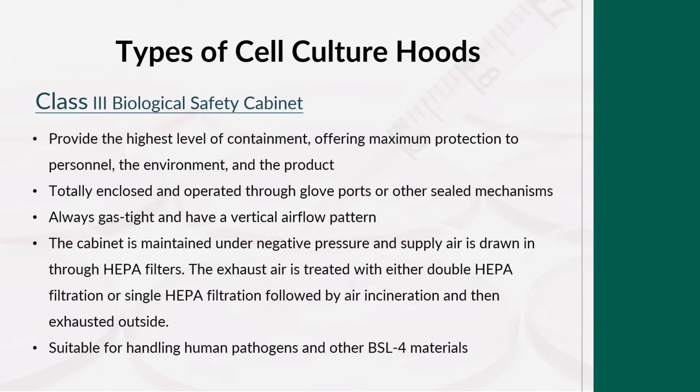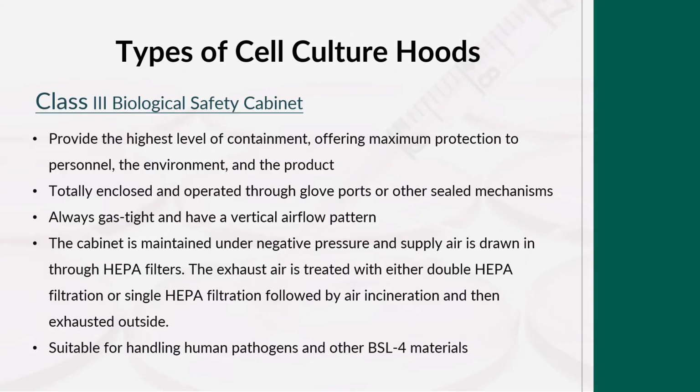This cabinet is maintained under negative pressure and the supply air is drawn in through HEPA filters. So all air that gets in is through HEPA filters. And the exhaust air is all treated with either a double HEPA filtration or a single HEPA filtration followed by air incineration, and then it is exhausted outside.